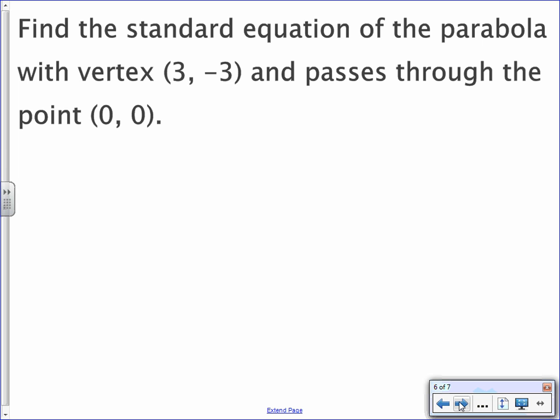Find the standard equation of the parabola with a vertex of 3, negative 3, and it passes through the point 0, 0. Do we have enough information?